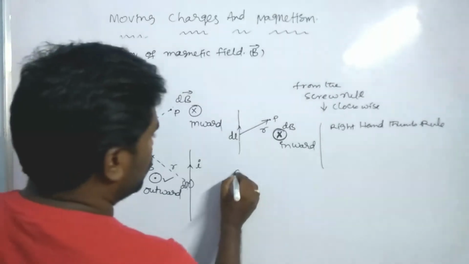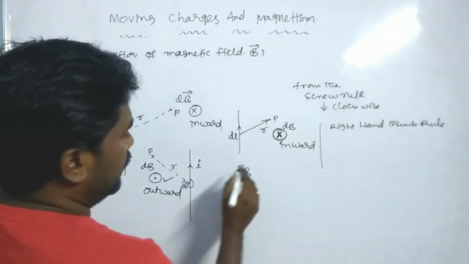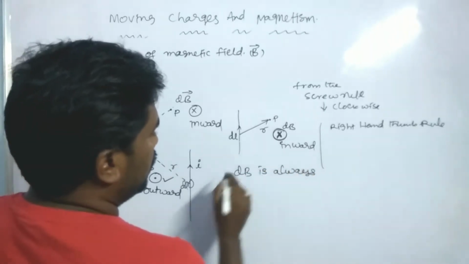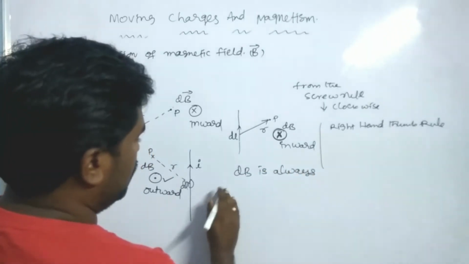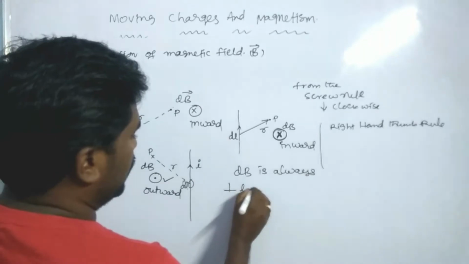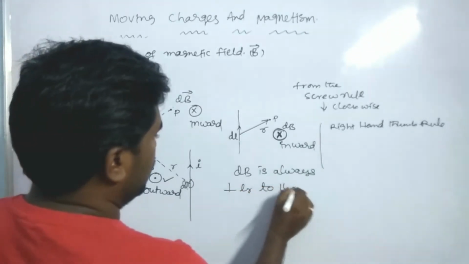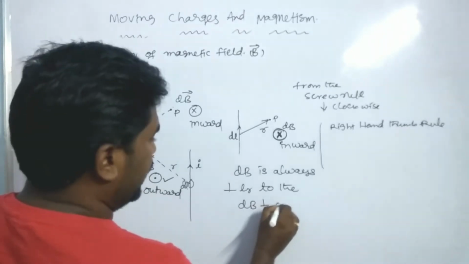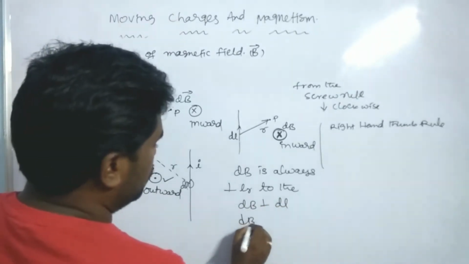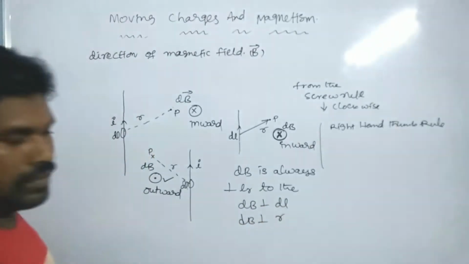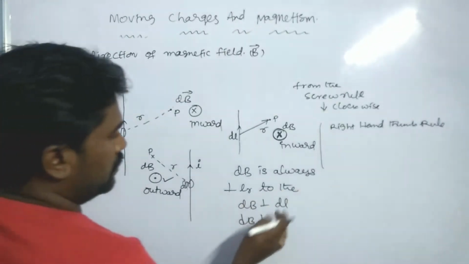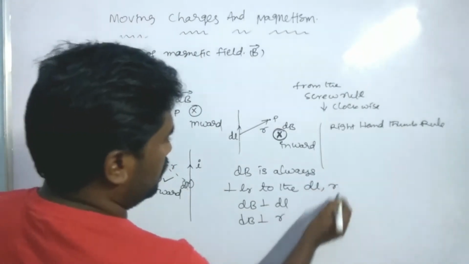So here one more thing you have to remember: dB is always perpendicular to dl and dB is perpendicular to r.